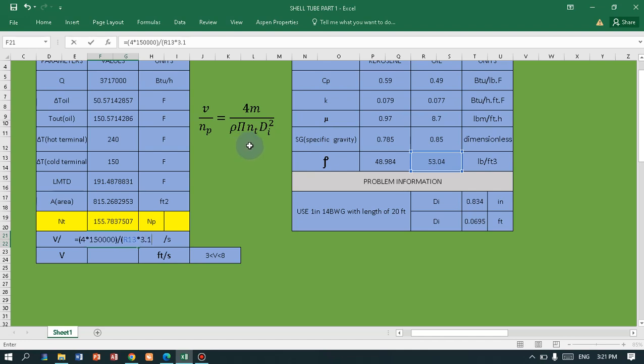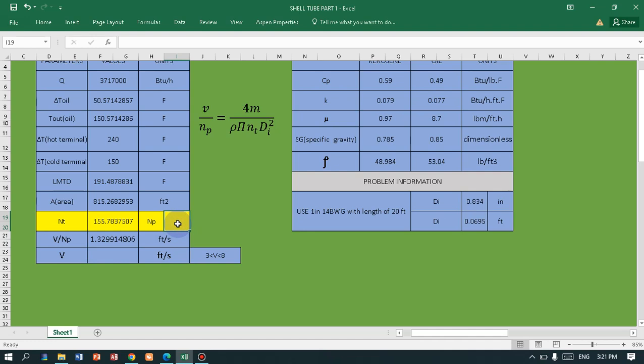Multiply this number by pi, and again multiply by the number of tubes. Select this cell and multiply this by the internal diameter that we determined right here. Multiply that 2 times, close the bracket, and divide this number by 3600 to change its unit from hour into second, because we need the velocity in the second unit. Press enter. We have the velocity per number of passes.